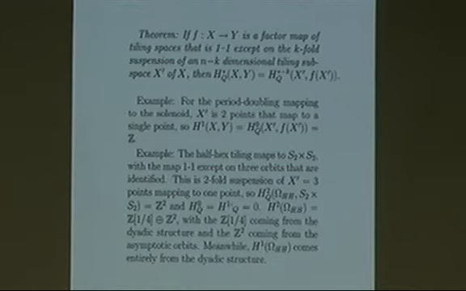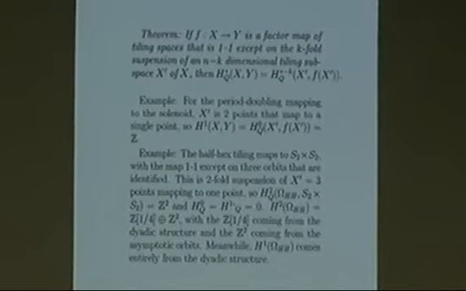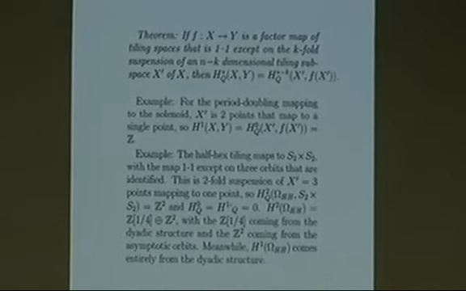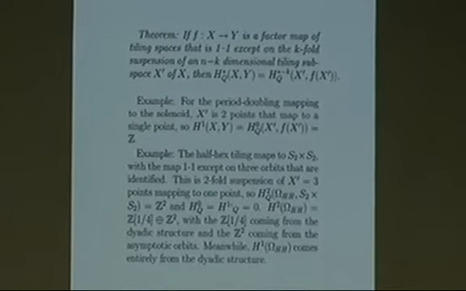And another example would be the half-hex tiling. In the half-hex tiling, it maps to the two-dimensional dyadic solenoid, except that there are 3 different tilings that are all asymptotic in all directions. So that would be a double suspension of 3 points mapping to 1 point.